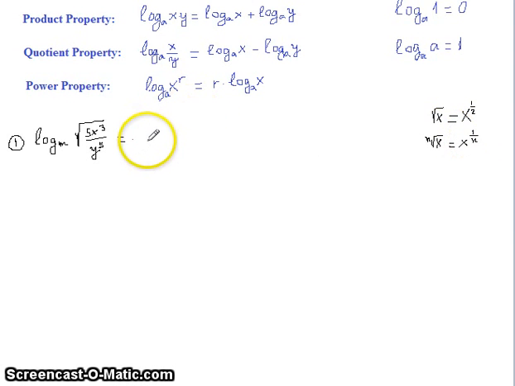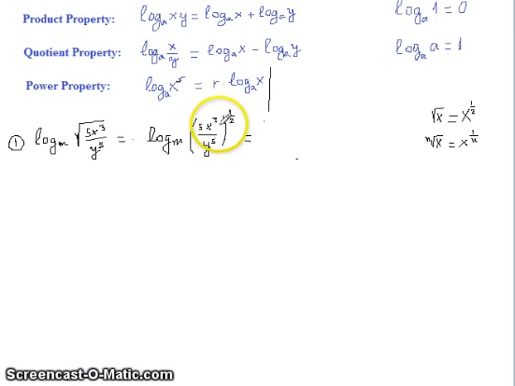So we have x to the power of 1/n for any n. And the first step will be to rewrite this logarithm. So I can have the logarithm of an exponent: log base m of 5x to the third over y to the fifth, raised to the power of 1/2. Now we can apply the power property because we have a logarithm of an exponent. So 1/2 can be written as a factor in front of the logarithm, and we get 1/2 log base m of 5x to the third over y to the fifth.